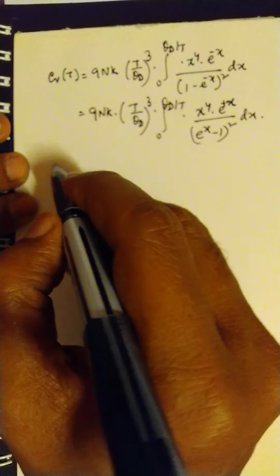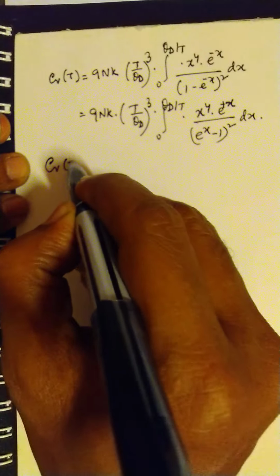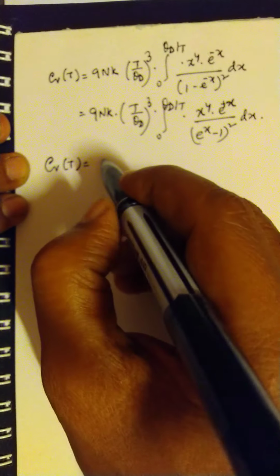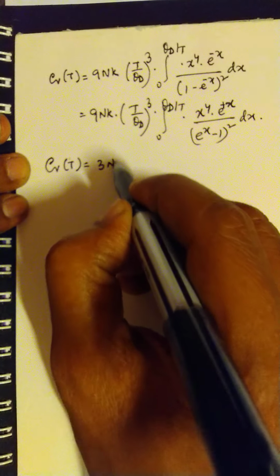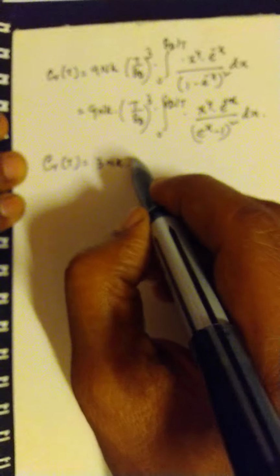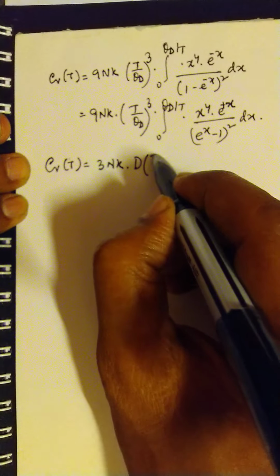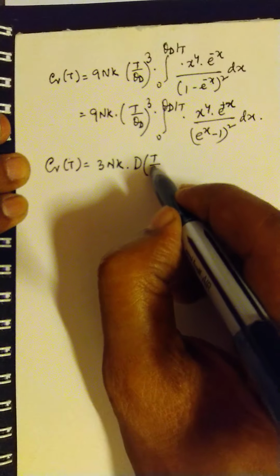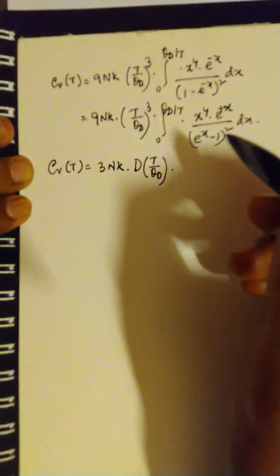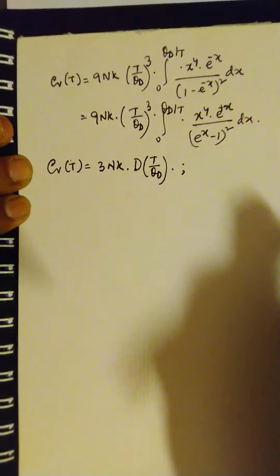So it is the same. Now for convenience, this Debye result can be written like this as 3Nk and then a Debye function which is a function of T by theta D. So what is the Debye function?